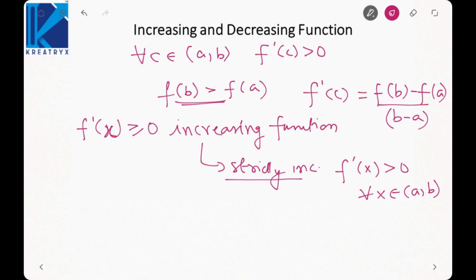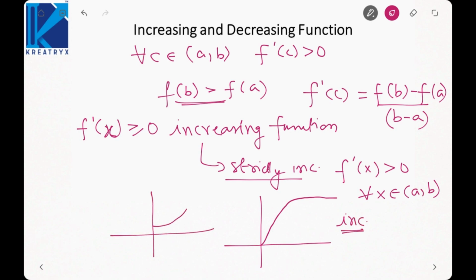Okay, so strictly increasing means it must always be rising and it cannot saturate, but just increasing means it can saturate. That is, if I give you a curve like this, then it is actually an increasing function. But if I give you a curve like this, then it is strictly increasing.